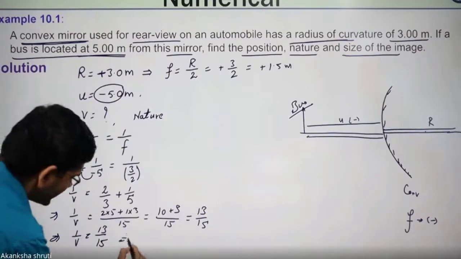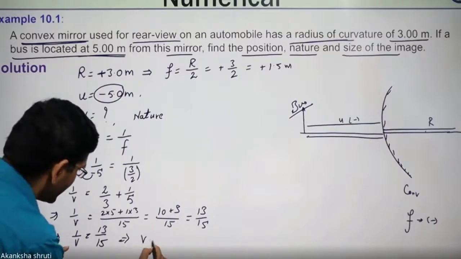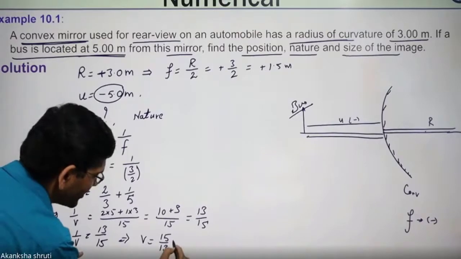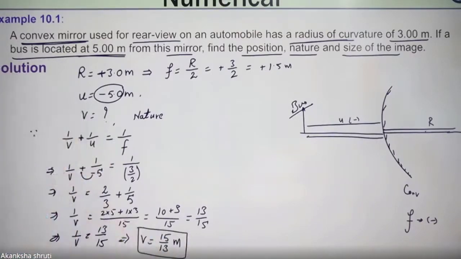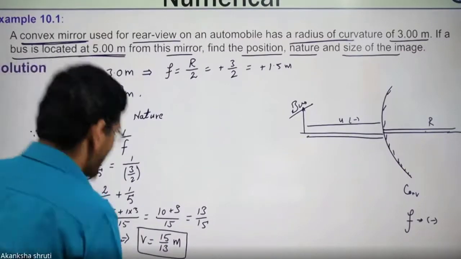For calculating v, we have to take its reciprocal or do the cross multiplication. So v is obtained as 15 by 13. The unit is meter. Okay, students? Or if you wish, you may write it in decimal also.